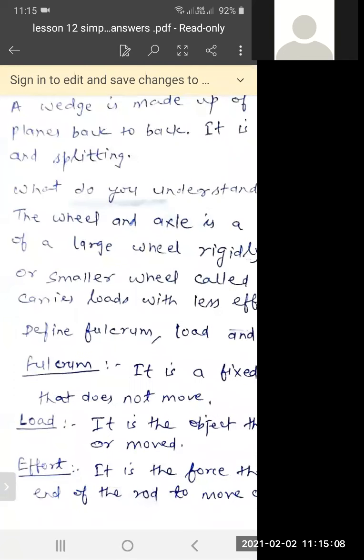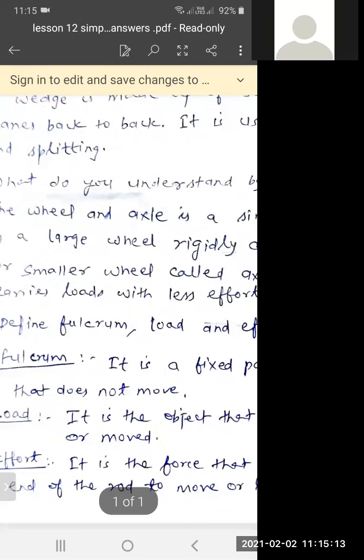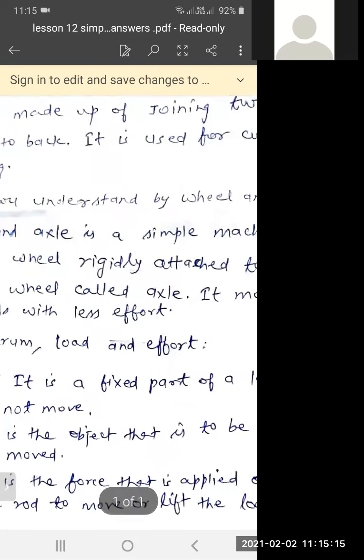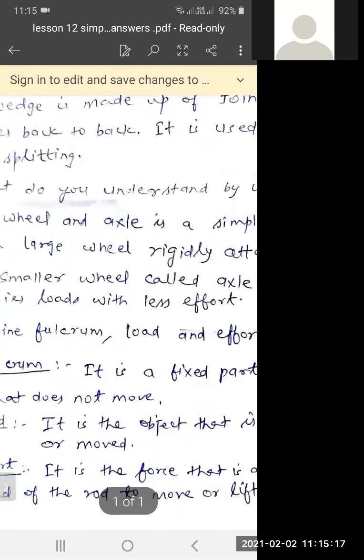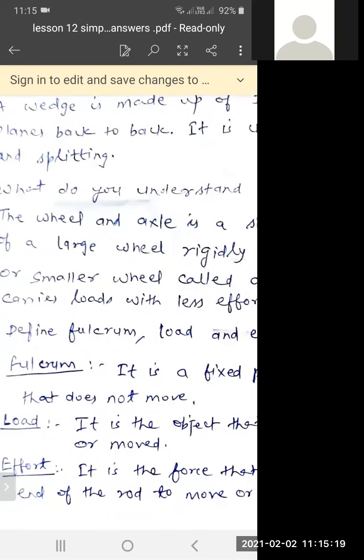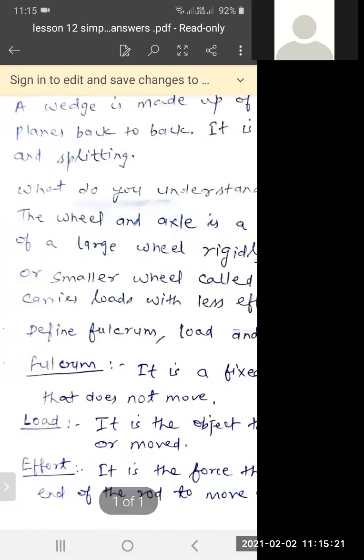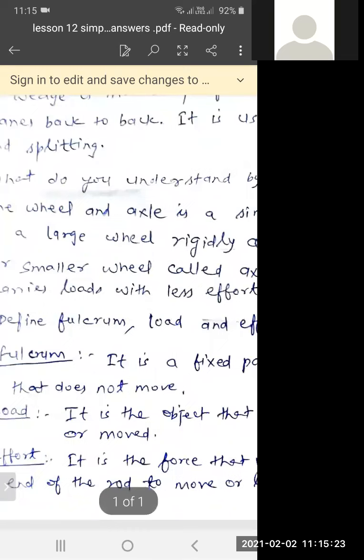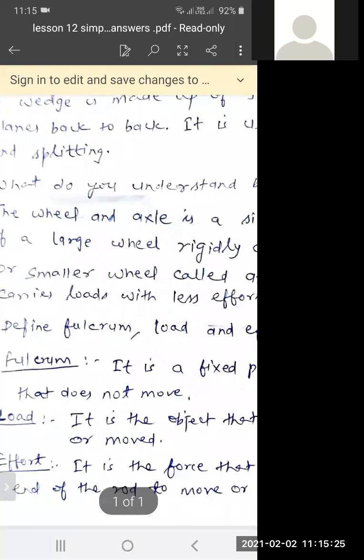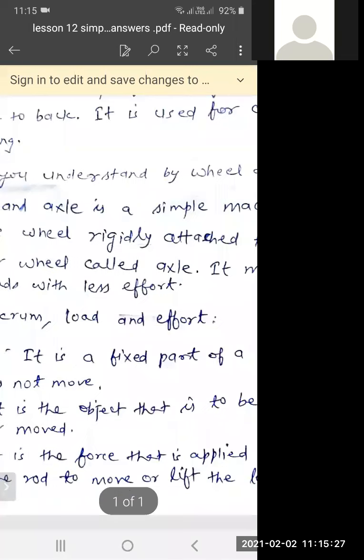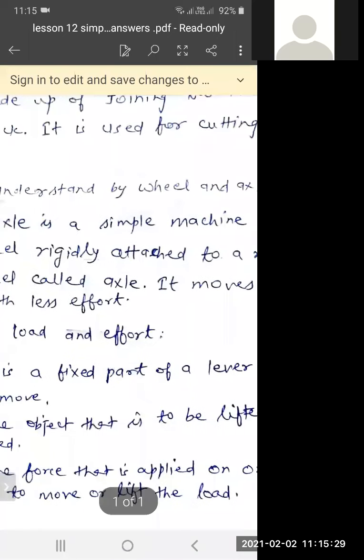So students, fulcrum that we have studied is a fixed part of a lever. The fixed part of the lever that does not move is called the fulcrum. Load is the object that is to be lifted or moved.